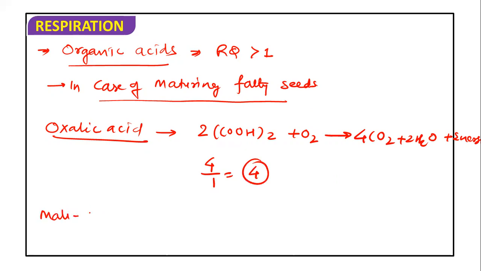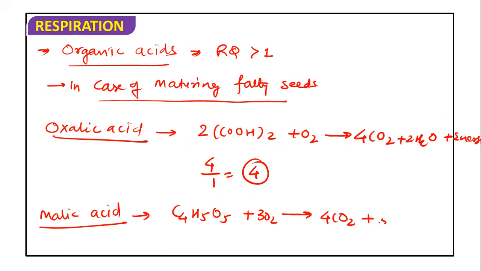For malic acid, if we consider C4H5O5 plus 3O2 gives rise to 4CO2 plus 3H2O plus energy. So 4 by 3 is going to be 1.33. So RQ for malic acid is 1.33.